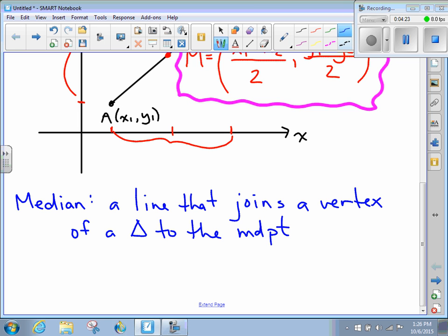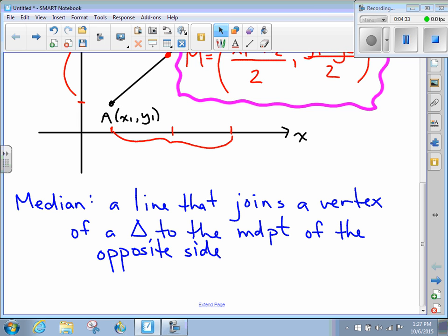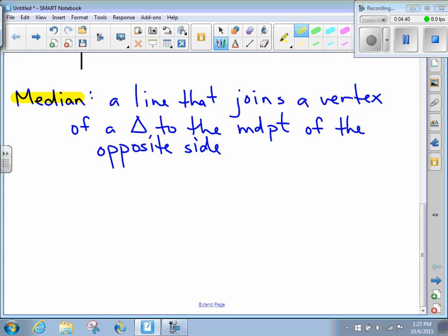Midpoint, short form. So median, we're coming from one of the corners of a triangle, and we're going to the midpoint of the opposite side.